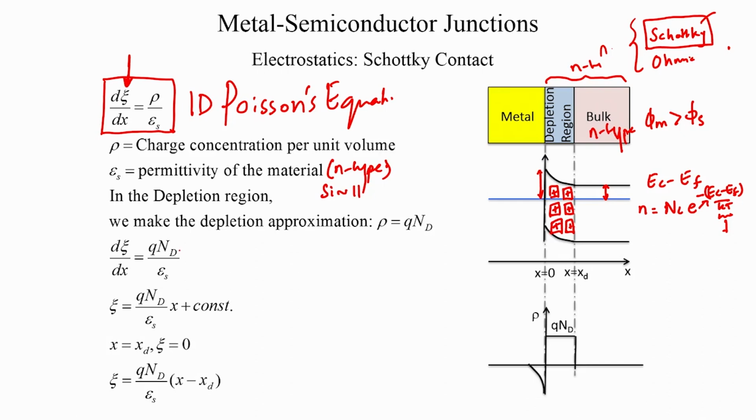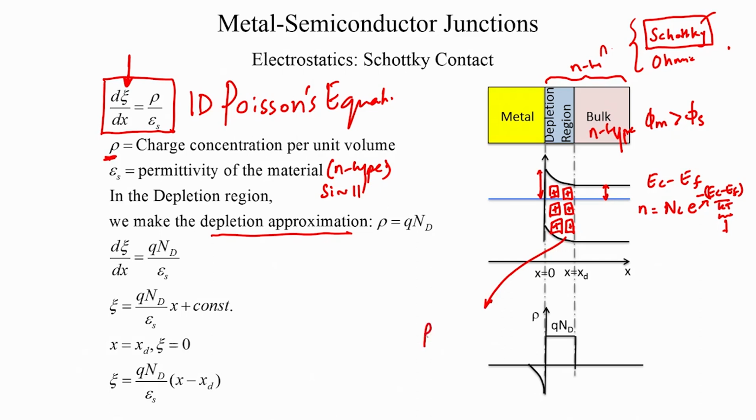Now in the depletion region we are going to make a very, some might say drastic, approximation, which is called the full depletion approximation. So the depletion approximation basically says something about the charge concentration here. What are the charges present in the depletion region?